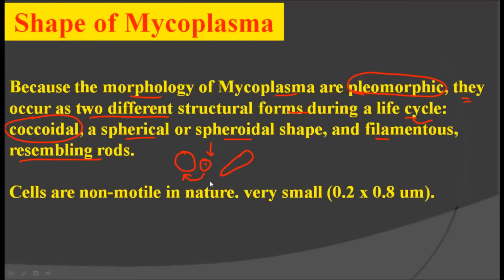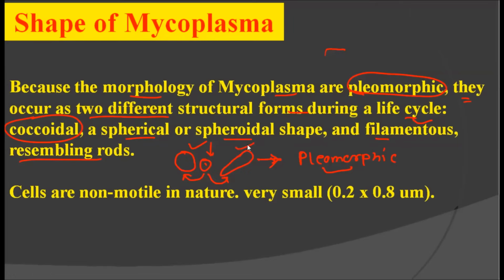That means they don't have any definite shape. Due to showing these different shapes, these mycoplasmas are known to be pleomorphic. That is why they are said to be pleomorphic in nature, because they don't have any definite shape in their life cycle.